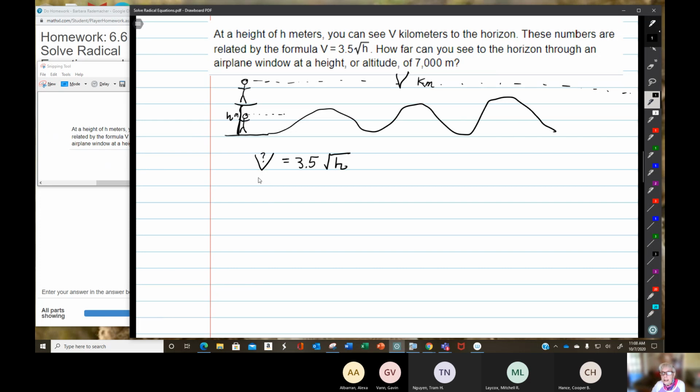How far can you see to the horizon through an airplane window? Through an airplane window at a height or altitude of 7,000 meters. Okay, so we're going to be finding v, and h is 7,000 meters.